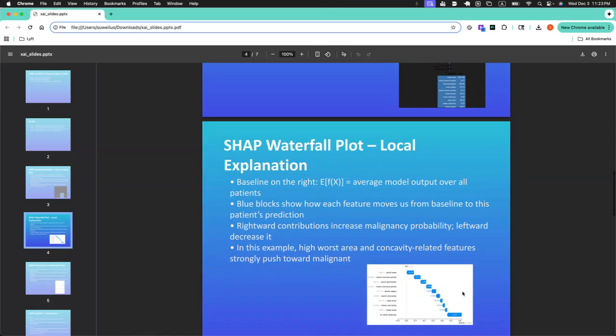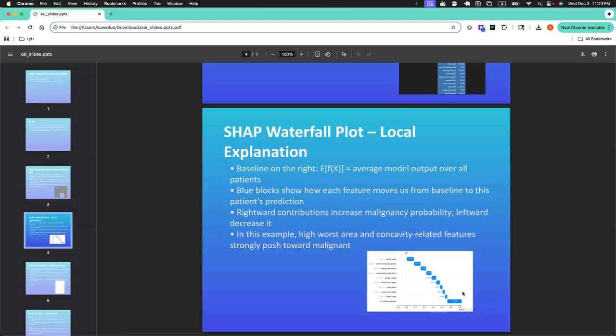On the other hand, SHAP values we can look at from the waterfall plot. The baseline on the right is the average model output over all the patients, and the blue blocks show how each feature moves the prediction from the baseline to the patient's prediction, individually. The rightward contributions increase the malignancy probability and leftward ones decrease it.